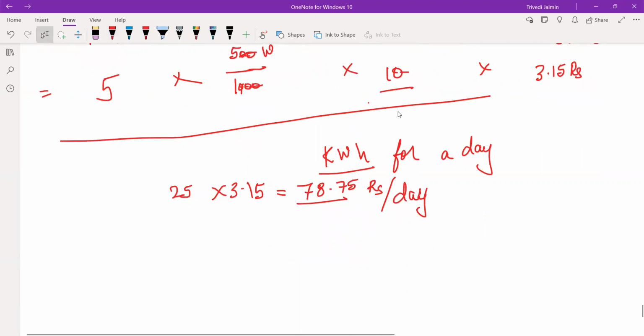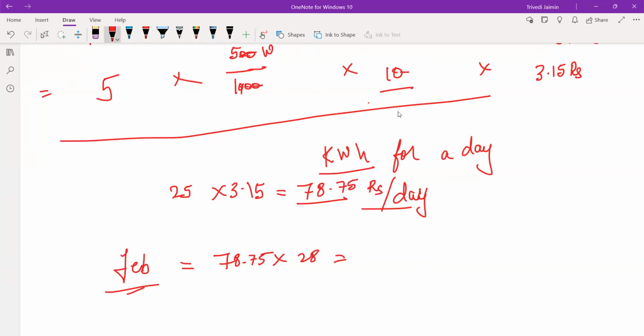This is for 1 day. If I ask you to generate a bill for these 5 fans, which month is going on? Feb. So calculate for Feb month. So what you will do? This is per day and multiply by 28. It will give you for 28 days. 78.75 per day into 28 days will give you total cost of 5 fans working 10 hours per day for 28 days.